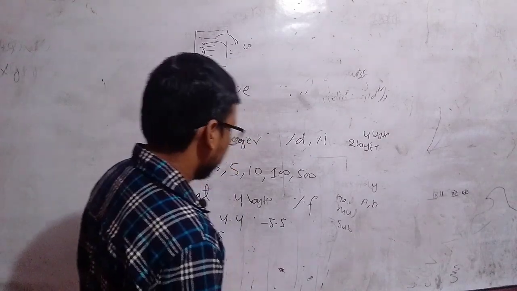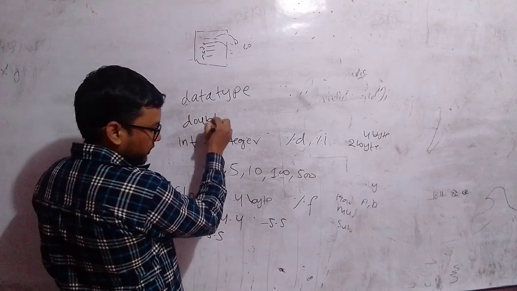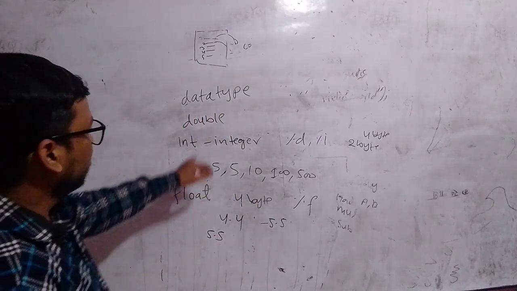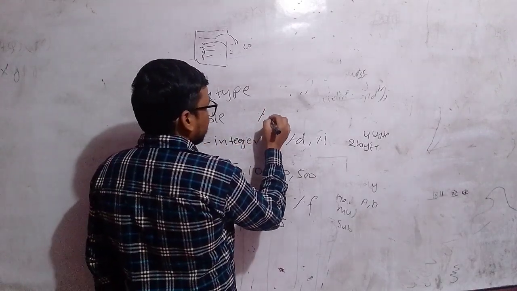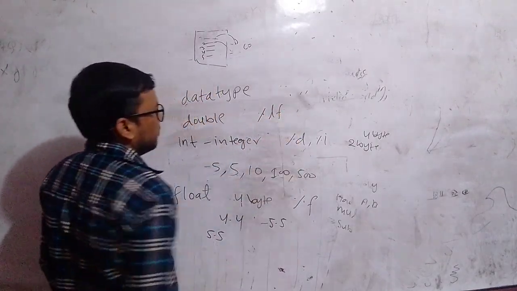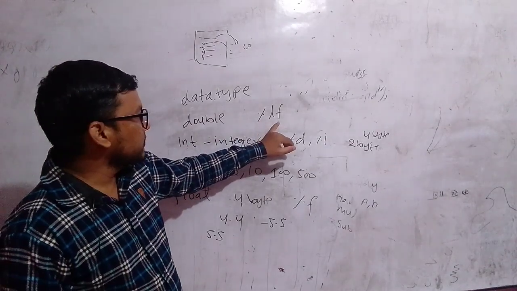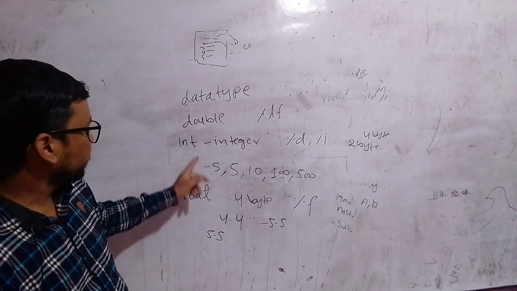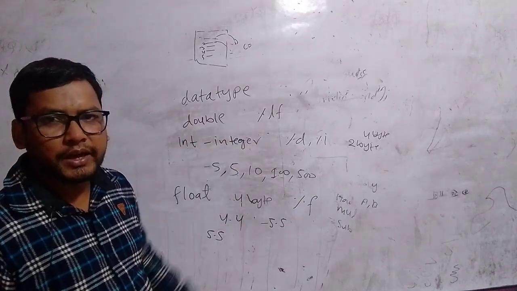Now, double. Double is another data type which is represented by %lf, long float. Its capacity is larger than float. This is also a float, but it can store large values.